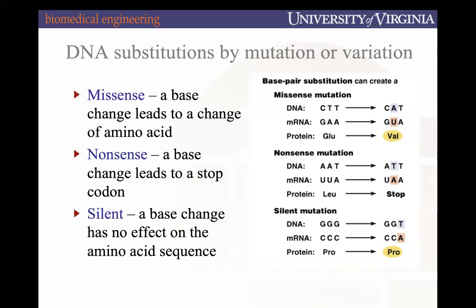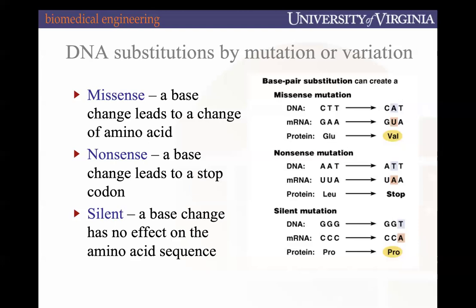So there's going to be three kinds of mutations that are possible here. The first is called missense, where a change at the DNA level, so these are DNA changes that can potentially lead to changes at the protein level. So missense is a base change at the DNA level that leads to an amino acid change.